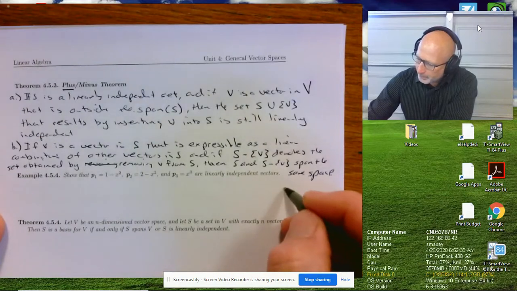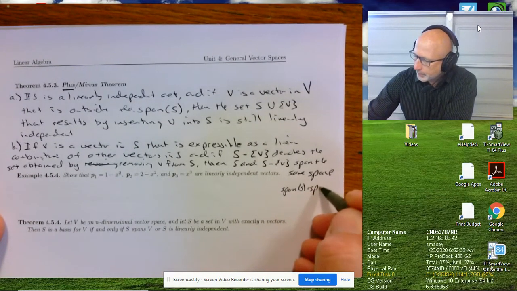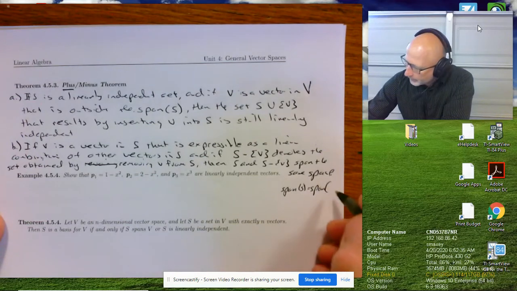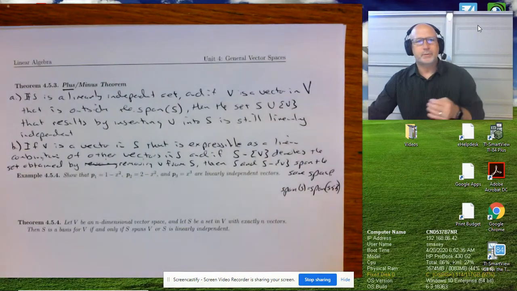So the span of S is equal to the span of S minus V. Sorry about that. I didn't leave you very much room there.